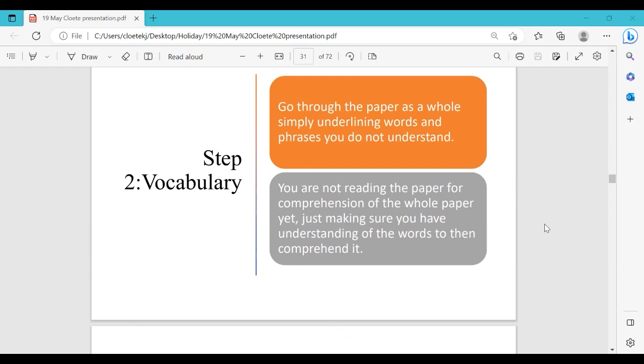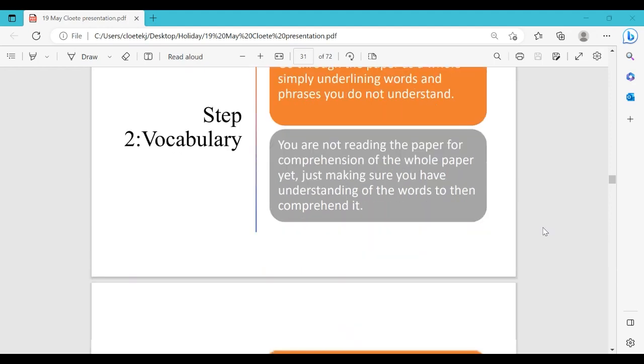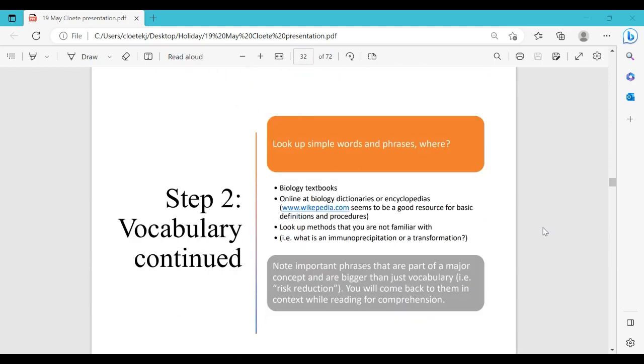But remember, if you don't understand something, you need to go and ask someone or Google it so that you can get a good comprehension of the paper. You can go and look at biology textbooks, online dictionaries, etc. You can ask your supervisor. And remember, important phrases that are part of a major concept and are bigger than just vocabulary, such as risk reduction, you will come back to them in context while reading for comprehension, right?